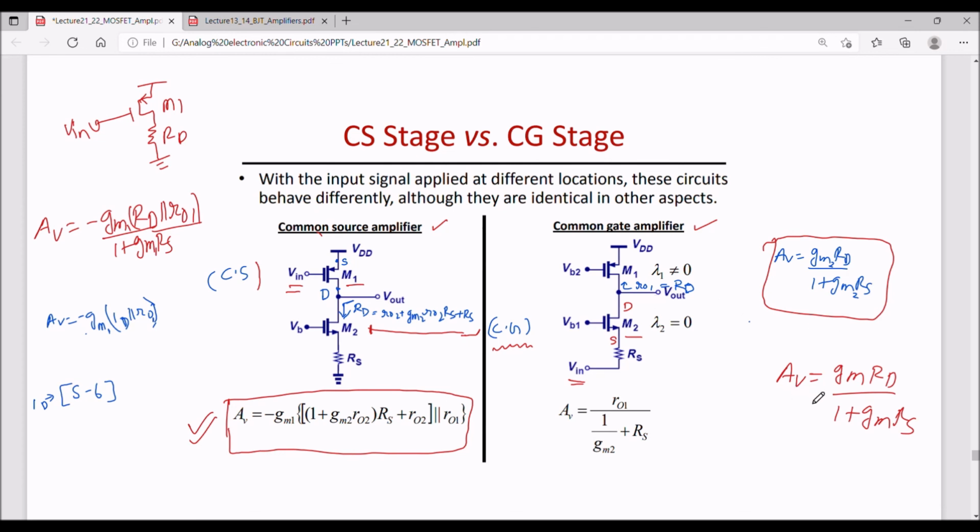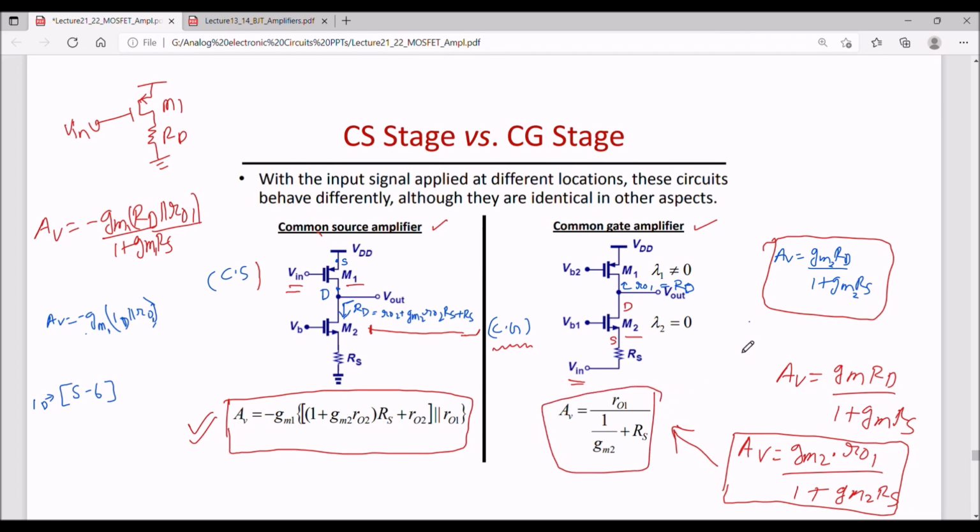So I can simply put in this equation RD as RO1, that is GM2 times RO1 divided by 1 plus GM2 RS. So this is my total gain of this circuit, which is exactly equal to this gain.